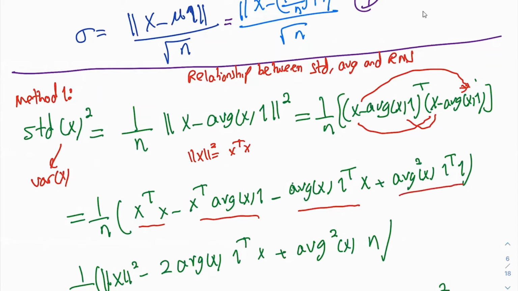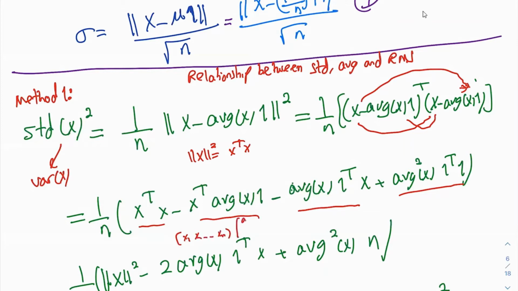And this quantity. Now, before that, let's explain some terms. X transpose x is norm of x square. We know that. Now, let's take a look at this. This x transpose is gonna be a row vector, x1, x2, all the way to xn.